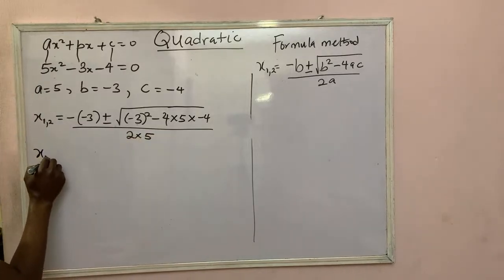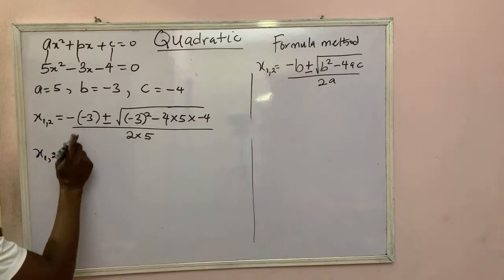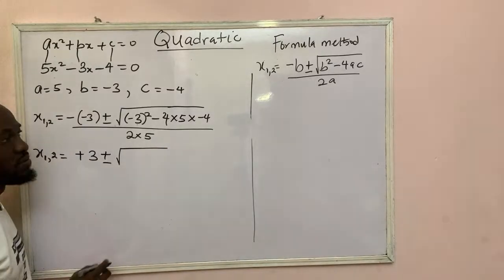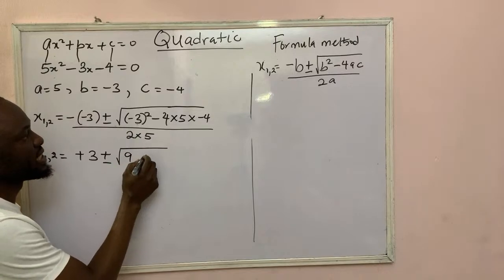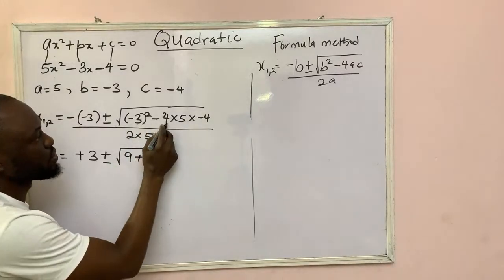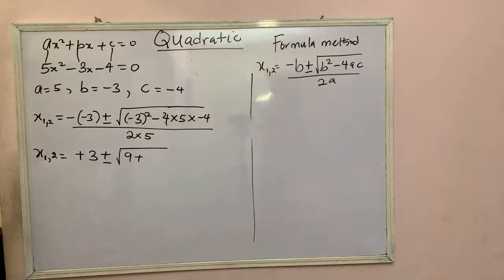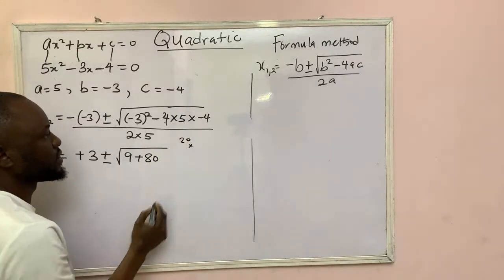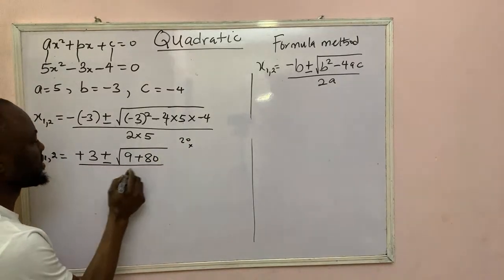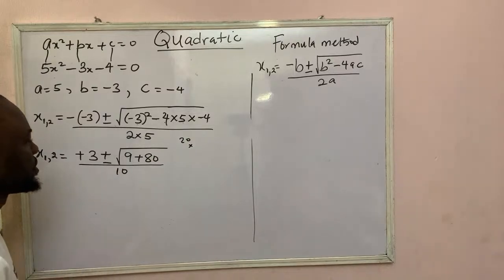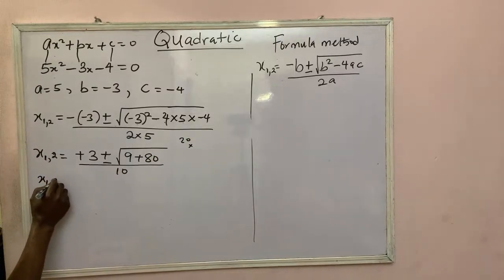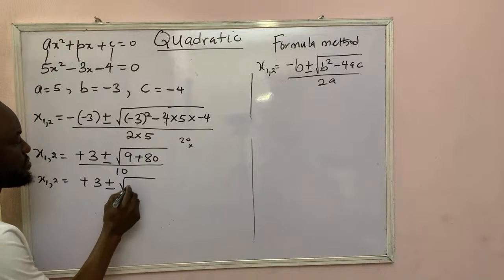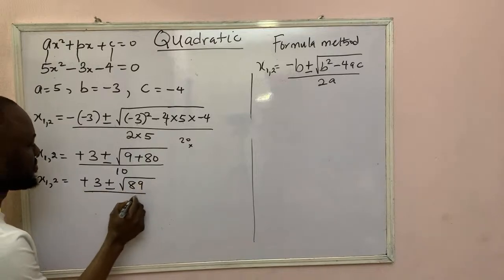So my x1, 2 will be, minus times minus is plus, so I have +3 plus or minus the square root of 3 squared is 9, minus times minus is plus. So 4 times 5 is 20, 20 times 4 is 80, okay? All over 10. So here I have x1, 2 equals 3 plus or minus the square root of 89, divided by 10.